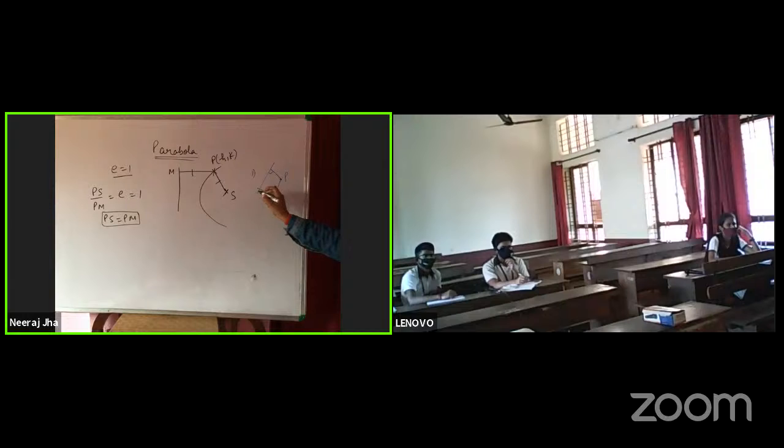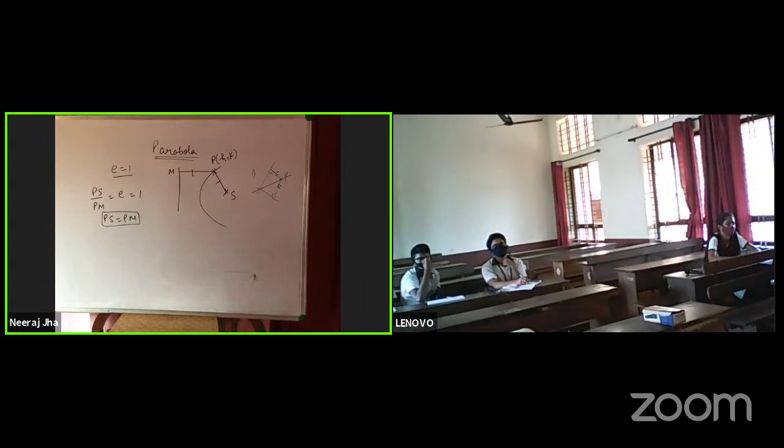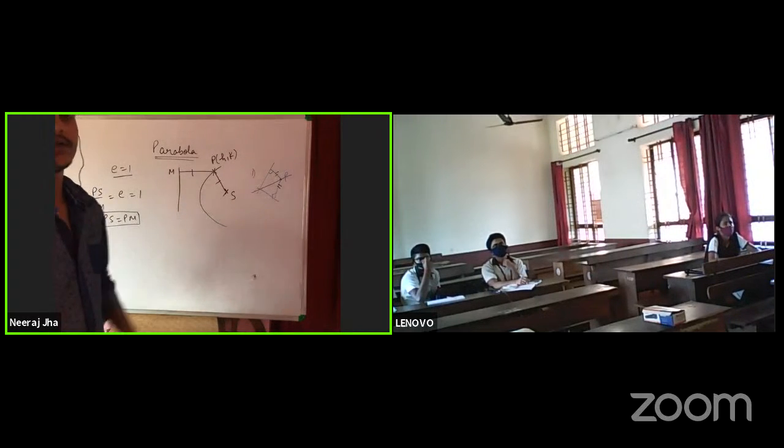It will be the angle bisector of these lines. P will lie on the angle bisector. If you have equal distance from here and from here, it will lie on the angle bisector, which we have studied in straight lines. How we define the equation of the angle bisector using this concept, we have already discussed.